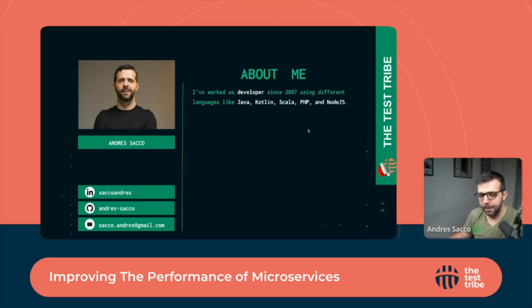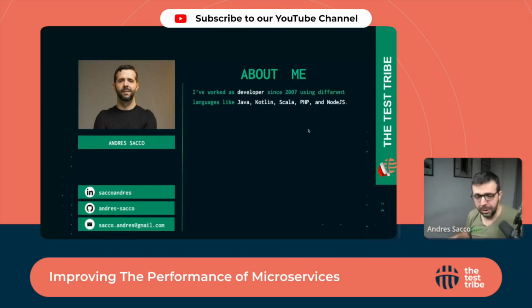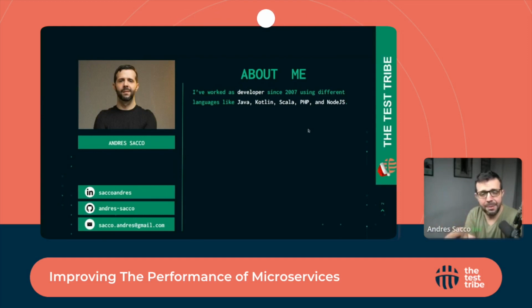My name is Sacco. I work as a developer since 2007 using different languages. Most of them are connected with the JVM: Kotlin, Scala, Java. I use other languages too, some of them appear on the presentation. I use others like Haskell, which is not so popular.